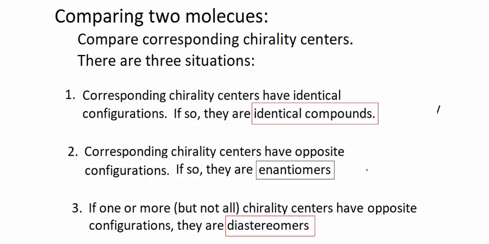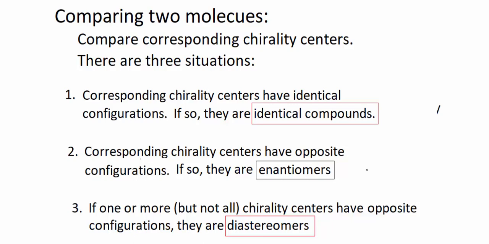And if they're isomers, what type of isomers are they? In the situation we're going to examine, we're going to be looking at two different molecules. The molecules will have two or more chirality centers. There are three possibilities. They're identical compounds, they're enantiomers, or they are diastereomers.